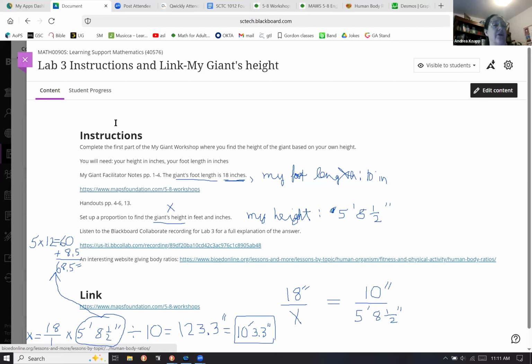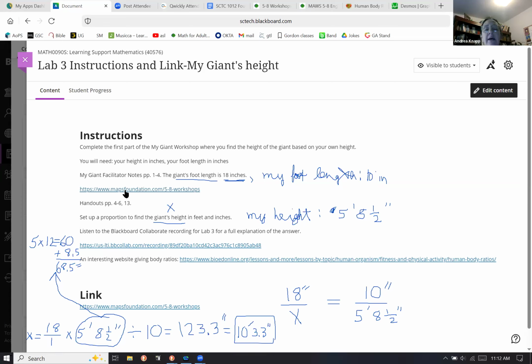So Suri's, this is your answer. So make sure you have that down. But now I want to go back to this proportion that we made and just show you some other ways you could have written the proportion and get the same answer.